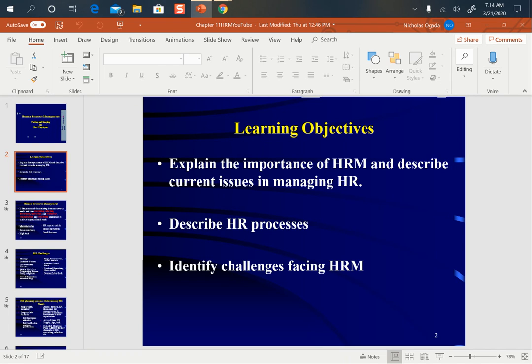We're also going to describe the human resource processes. And then in our discussion, we are also going to identify some of the challenges facing human resource management. So, again, this is a very broad chapter that gives us a snapshot of an entire discipline.